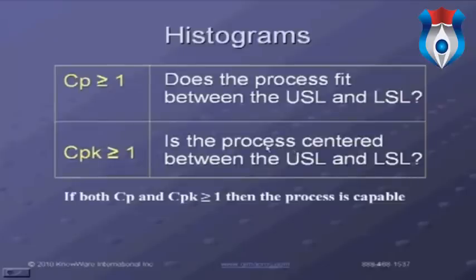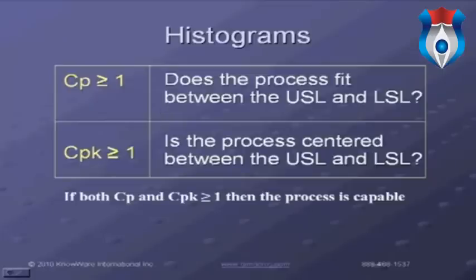Now in histograms, once you have both spec limits and you end up with a CP greater than 1 and a CPK greater than 1: CP really measures whether the process fits between the spec limits, or whether it spans over them. If it's less than 1, then you've got some problem solving to do.